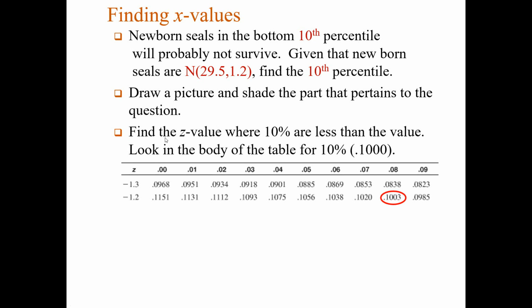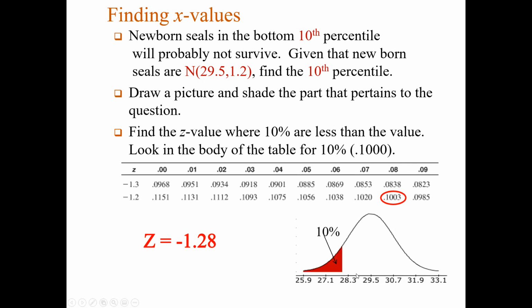and we could find the z-score where it's 10%, going back to the table. Here's a little screenshot. Here's the closest to where it gets to 10%, so we just use that one. It might be a little off, but that's alright. So that's the z-score of negative 1.28, this row, this column, and that's the shading of it.